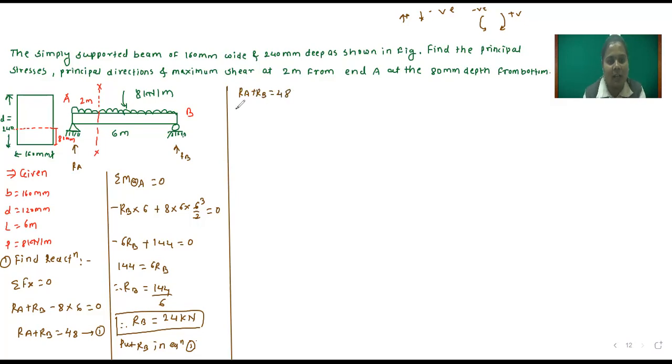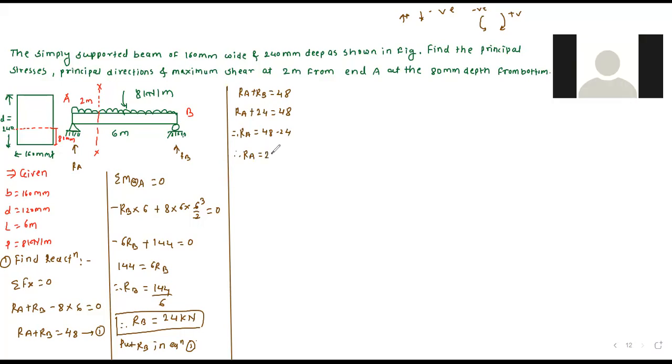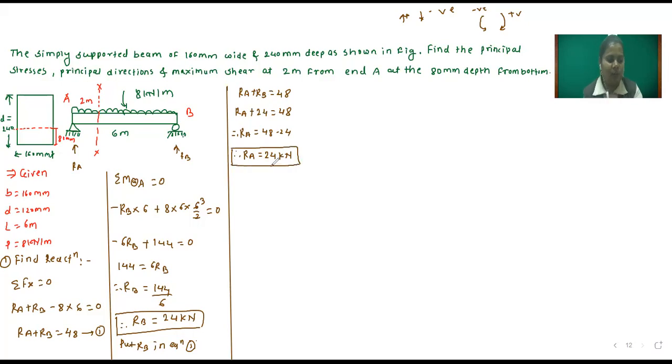So RA as it is plus 24 is equal to 48. Therefore RA is equal to 48 minus 24. Therefore RA is equal to 24 kilonewton. So these are the reactions RA and RB. After that, we will draw the free body diagram and find the shear force and bending moment.